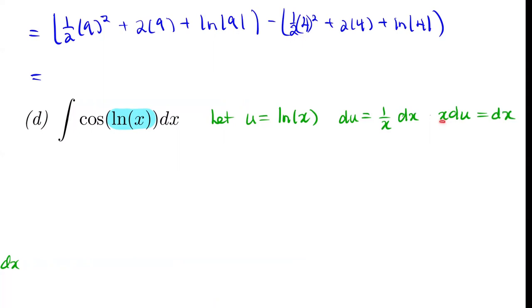But we have something that's an x here, and we have a du and x. So we're actually going to have to solve for x in this part here. Well, if we raise both sides to the e, so we have e to the power u, which is then equal to x. So if we put x equal to e to the power u in, we would just have e to the power u du, which is equal to the dx here.